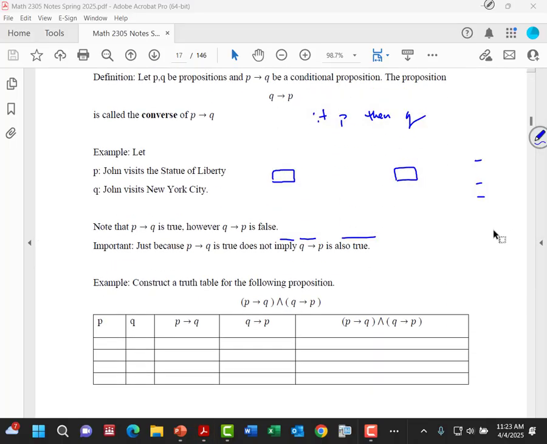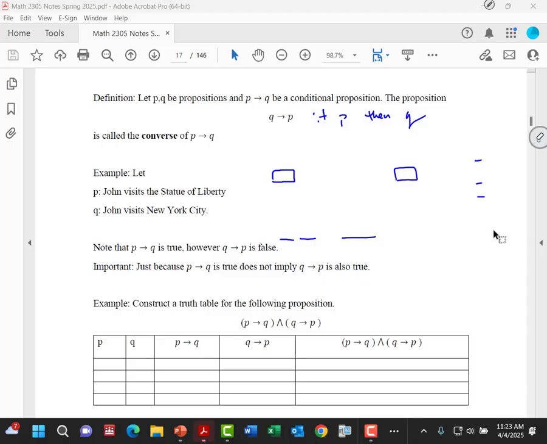So let's discuss what we would call a converse. Let P and Q be propositions, and P implies Q be a conditional proposition.